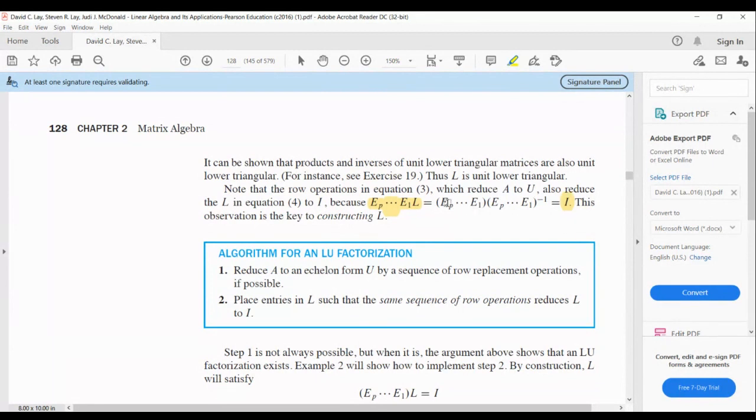That's true because the matrix L is just the inverse of the product of those elementary matrices. So the product of the elementary matrices times the inverse of the product equals the identity. And that's the key to constructing that matrix L. That's why this works.